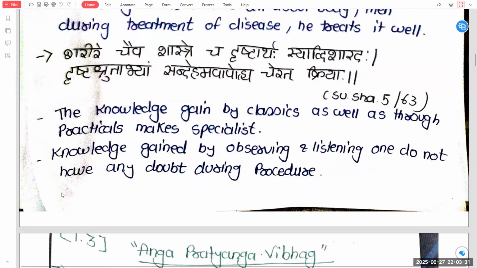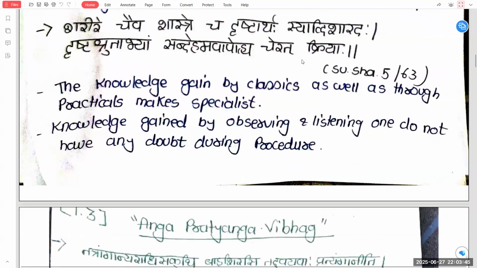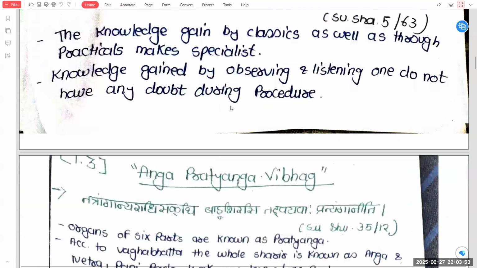Okay, understood? If you are asked a short answer question to write a short note on Sharir, you can write it easily now. You have to basically write the Nirukti, its definition, and the importance. The important shloka are not very important, but the translation is very important. So you need to emphasize why knowledge of Sharir is important when you are asked such questions.